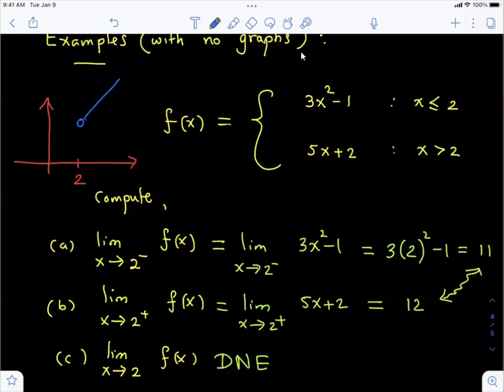So y equals 5x plus 2. That is the right branch of this function, and that is settling with the height of 12. Of course, this graph is not to scale. I'm just trying to give you a very simple illustration to show you what kind of behavior this function is actually having.